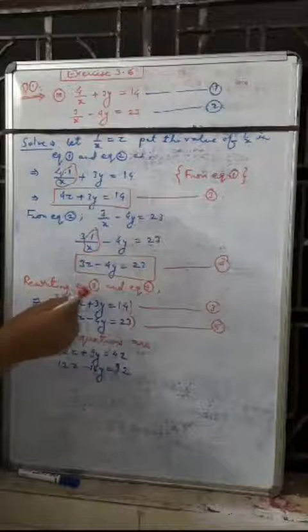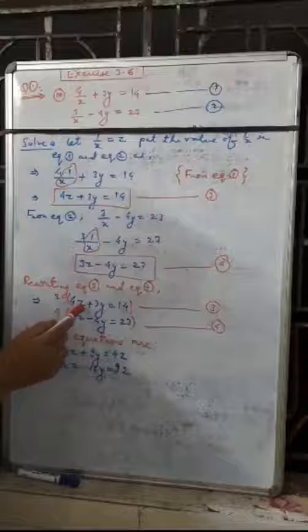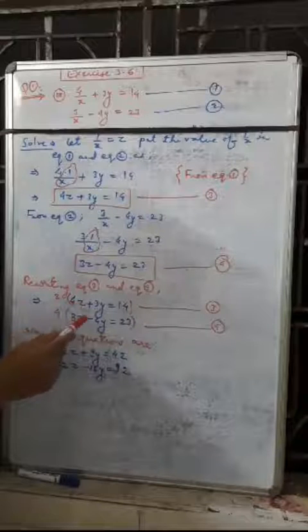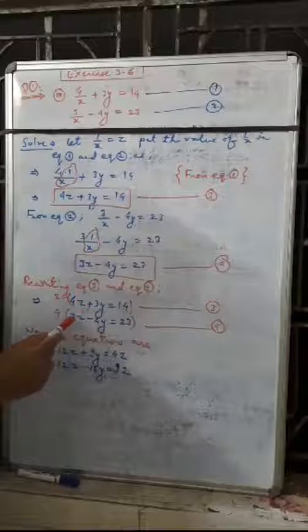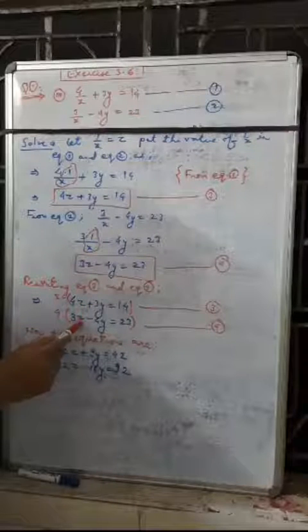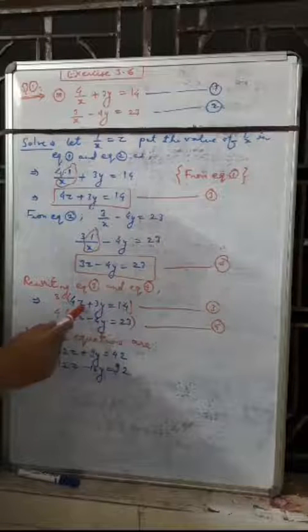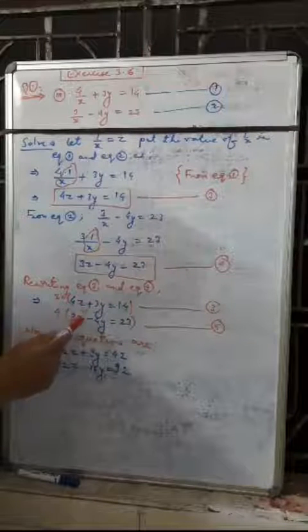So rewriting equations 3 and 4 again. The coefficient of z is 4 here, and the coefficient of z is 3 here. We have to make either the coefficient of z the same or the coefficient of y the same. I am trying to make the coefficient of z the same here.